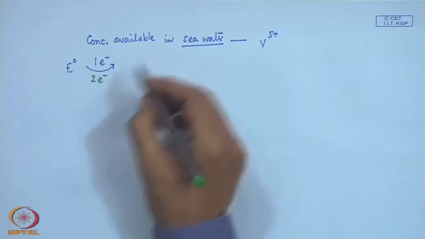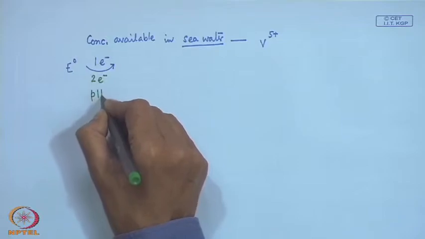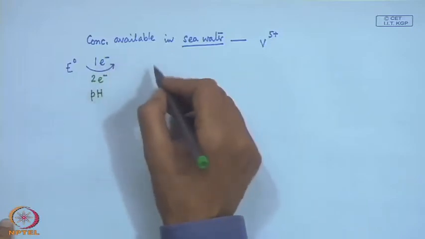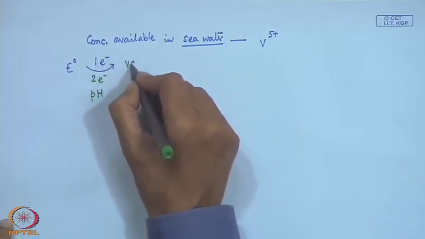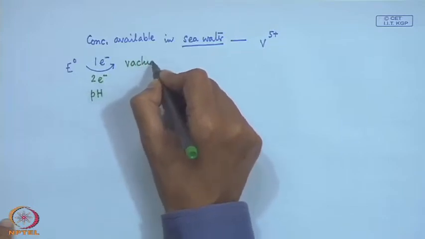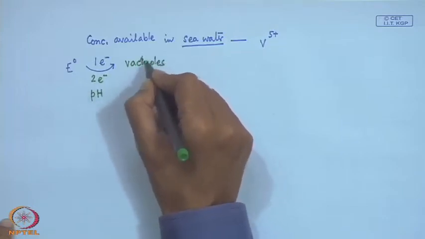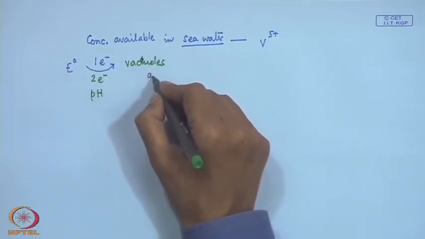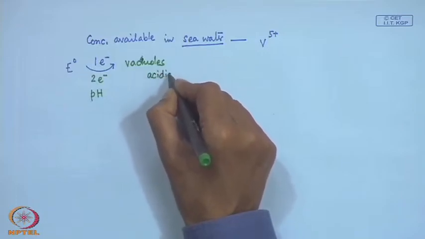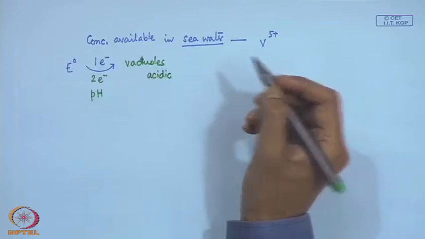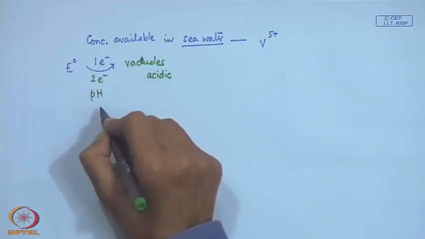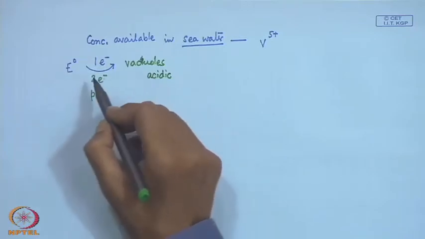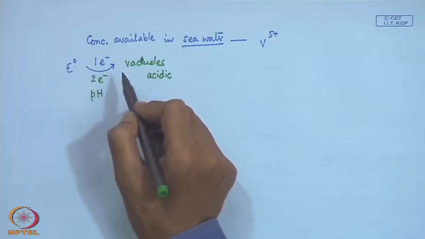Also, in some conditions pH plays an important role for the corresponding reduction reaction. So, the vacuoles are highly acidic in nature, and the corresponding E0 value available for this reduction reaction must be well matched to that of our biological reducing agent.